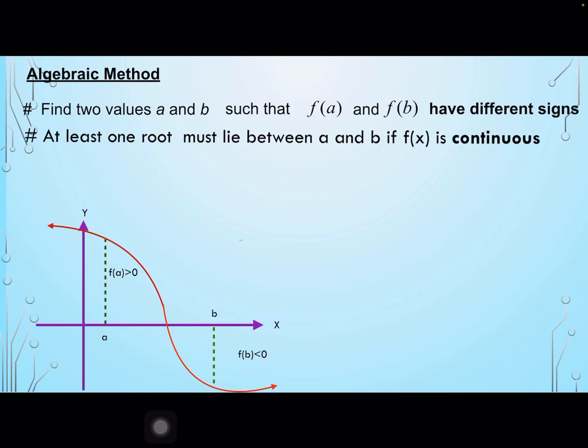So there should be a value where the curve cuts the x-axis to become a root of the function.